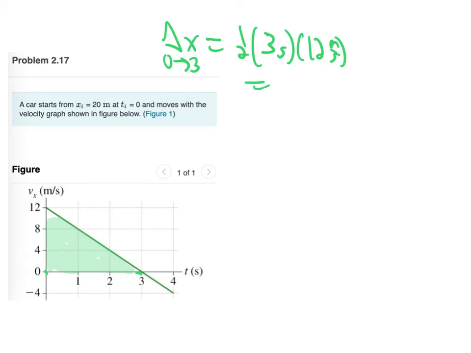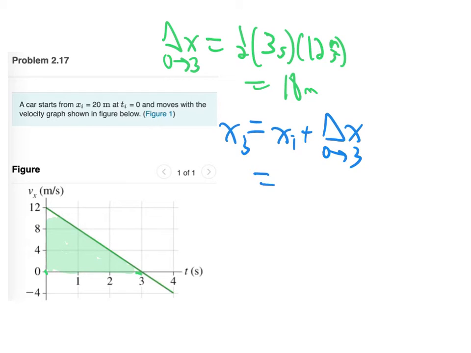So that's going to be 18 meters. And likewise, x at 3 is going to be x initial plus the delta x from 0 to 3, which is going to be 38 meters all told.